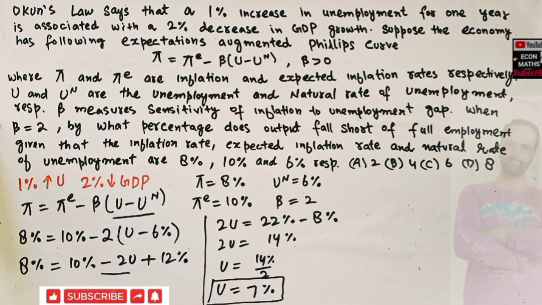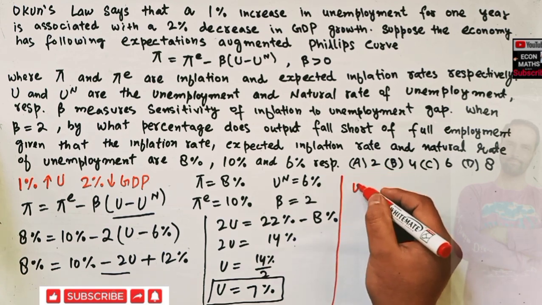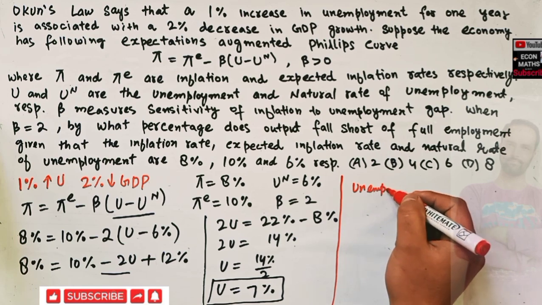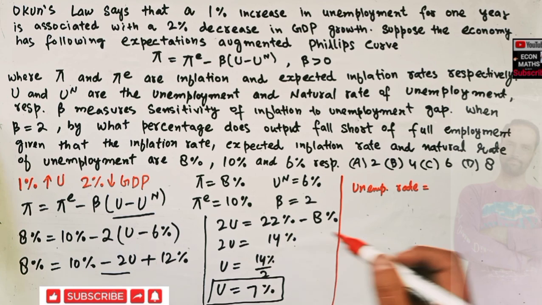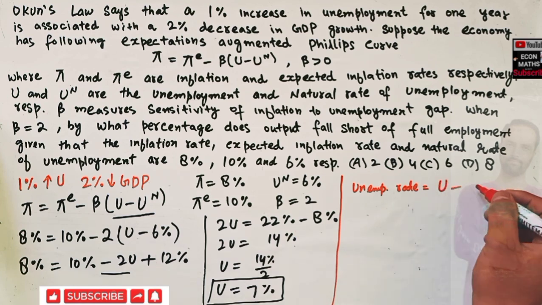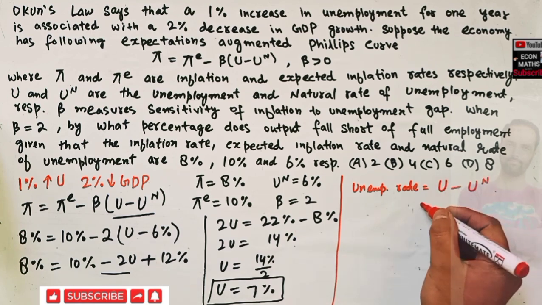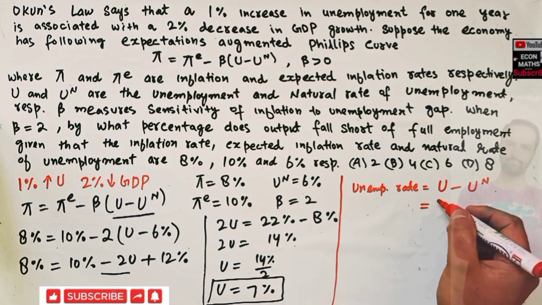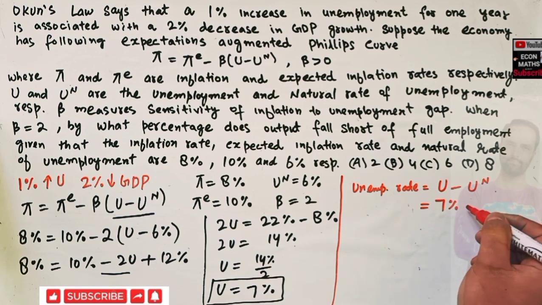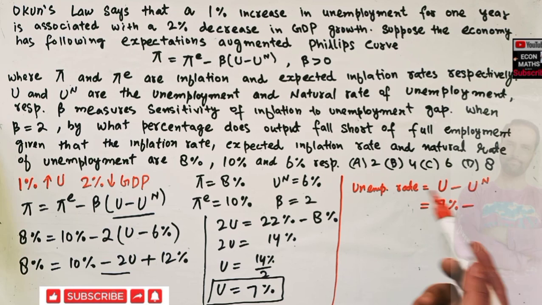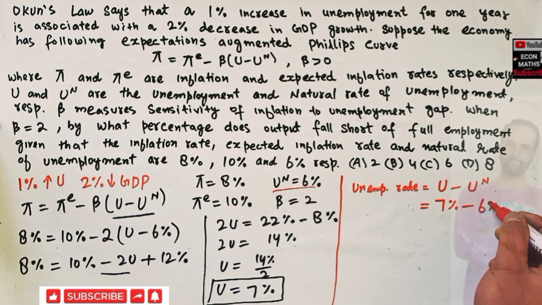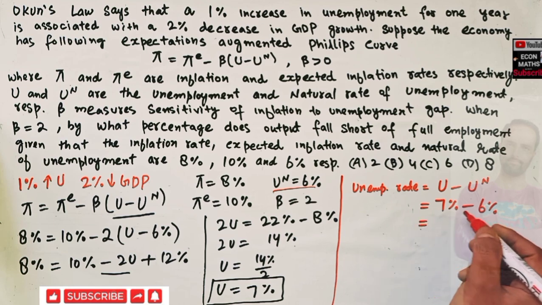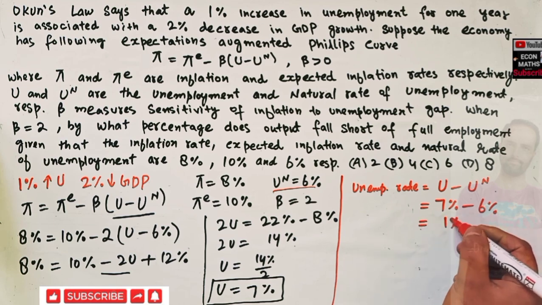Now what is the unemployment rate then? Unemployment rate will be equal to u minus un. The value of u we got as 7%, and the national rate of unemployment is given to us as un is 6%, so I will write here 6%, which means 7% minus 6% comes out to be 1%.